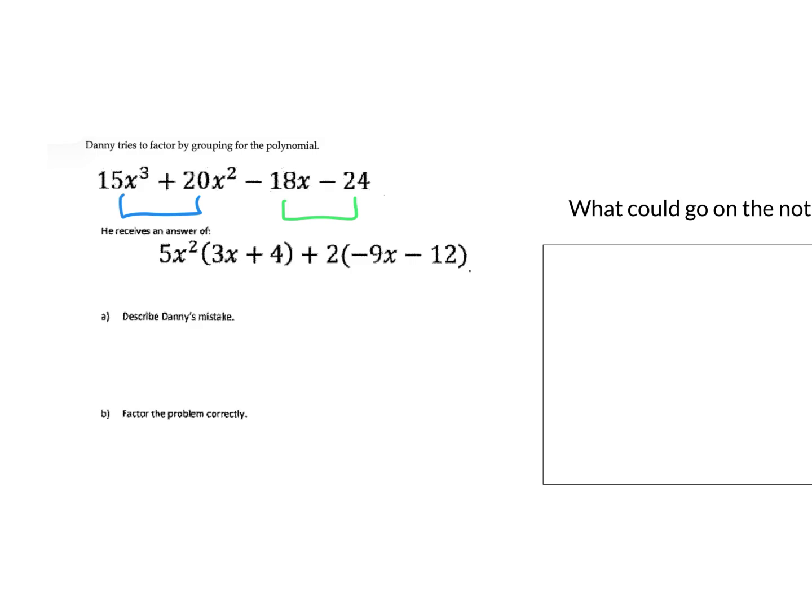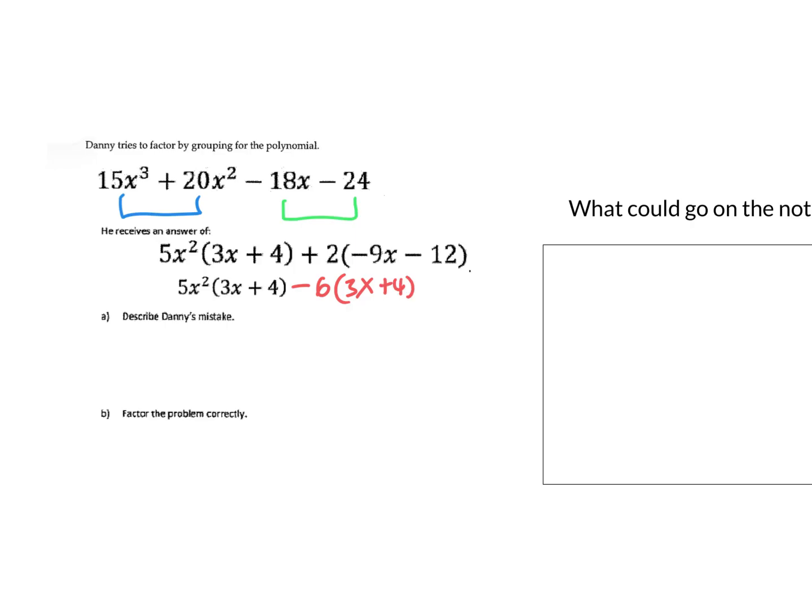So we're happy with this, but what he should have done is he should have done the other part differently. So what this should have been would be -6, and then he would have had a 3x. -6 times what gives you -24? Well, that would be a +4.